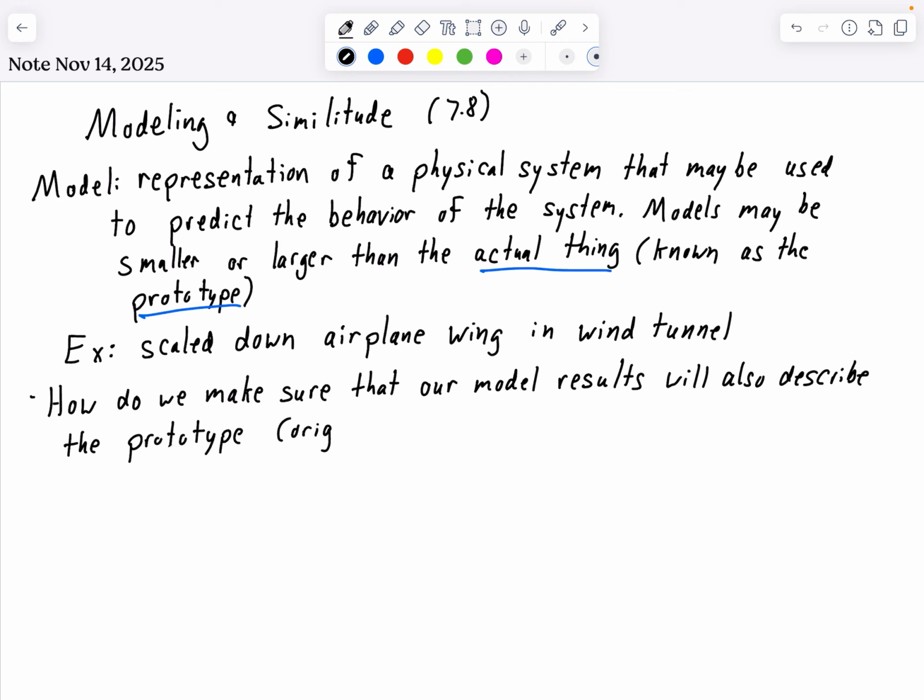Right, we don't want to go willy-nilly and just assume something about the results that we get from our model. We want to make sure that we can actually faithfully relate those results to the large-scale version or back to the prototype. So how do we do this?